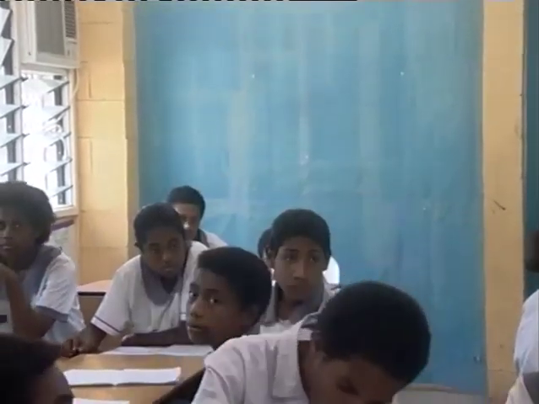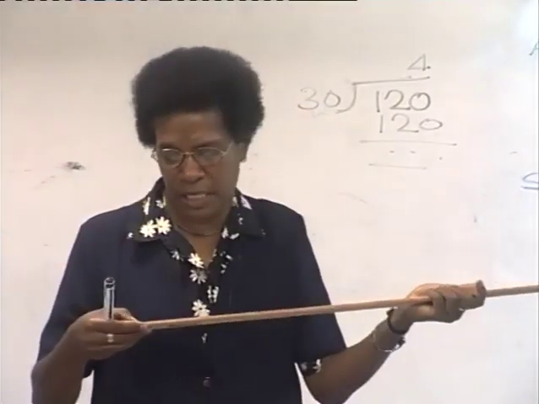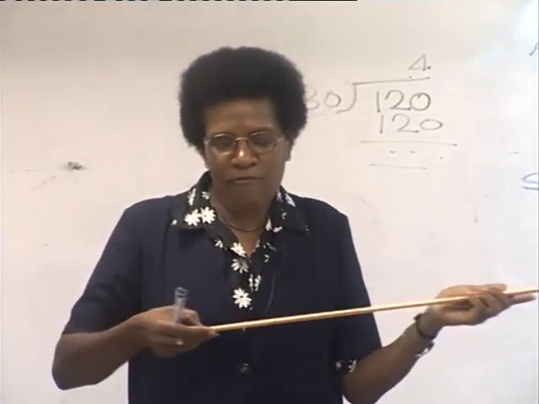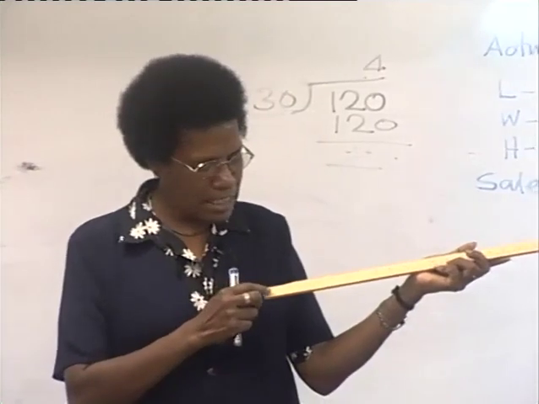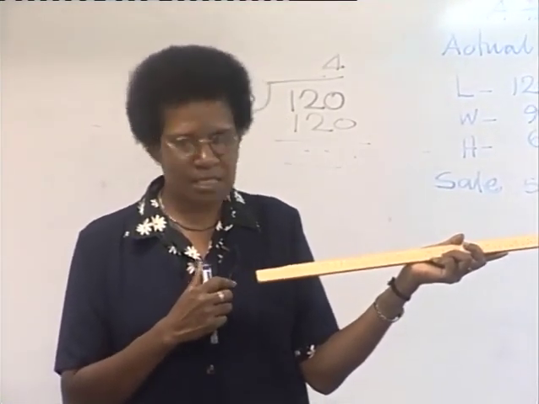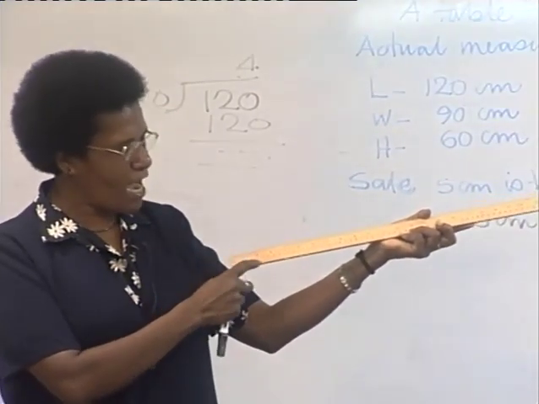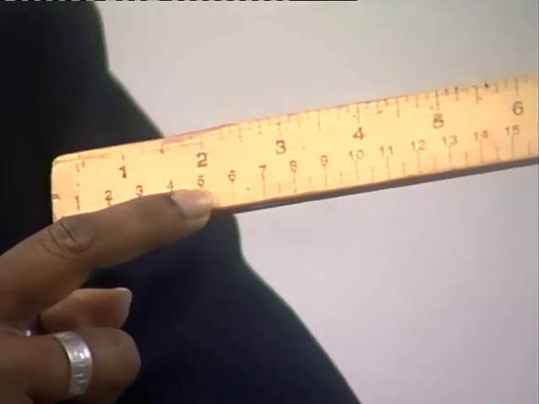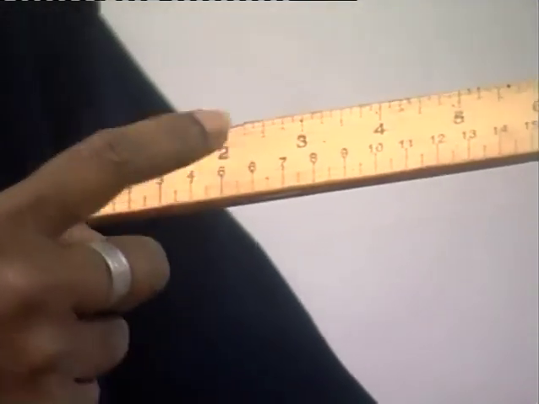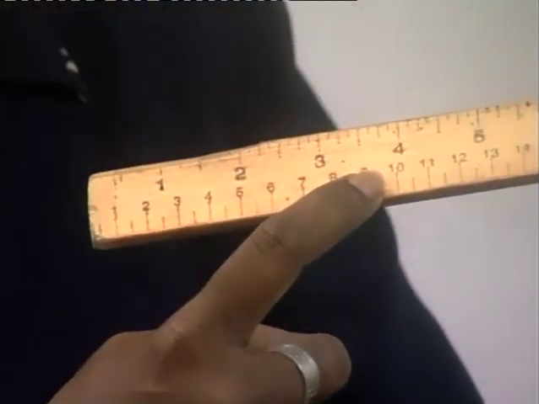Okay, good. You have your ruler. On your ruler, you have 5 centimeters. So every 5 centimeters is equal to 30 centimeters. So like here, if I count from here, 1, 2, 3, 4, 5 centimeters, that equals 30. Another 5, that's 60 centimeters.